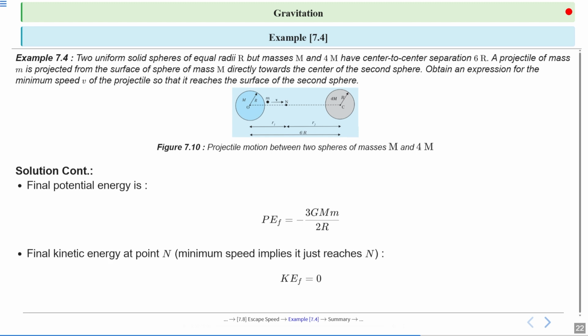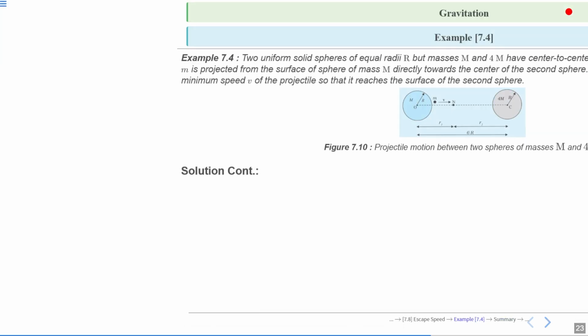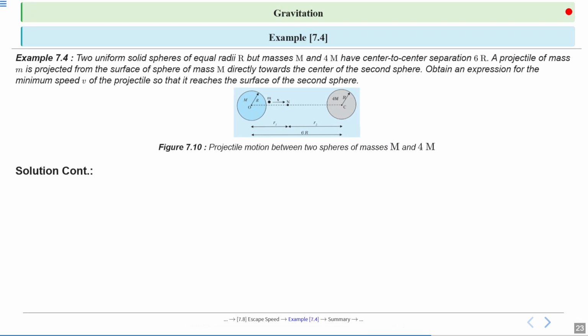So the final kinetic energy at point n: minimum speed implies it just reaches n, so KEF is equal to 0. Now according to conservation of energy, the sum of kinetic energy plus potential energy is equal to final kinetic energy plus final potential energy.